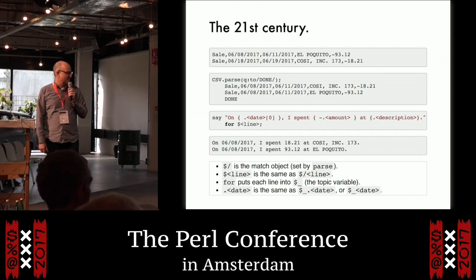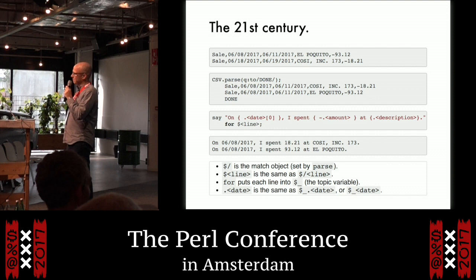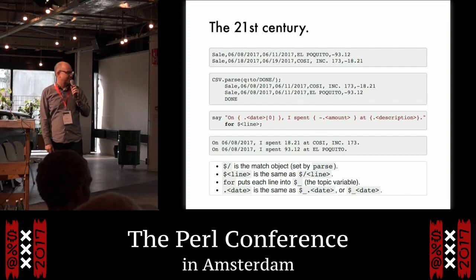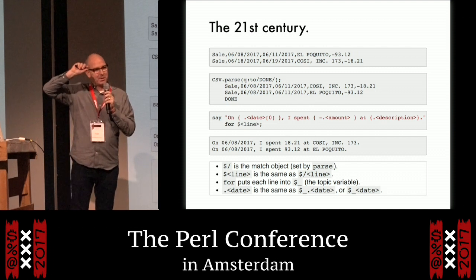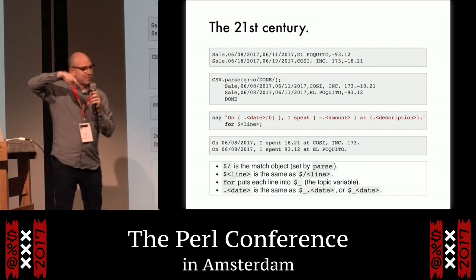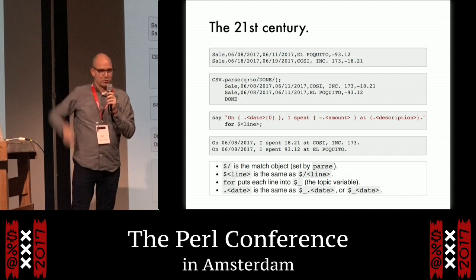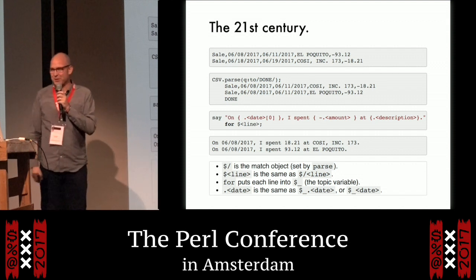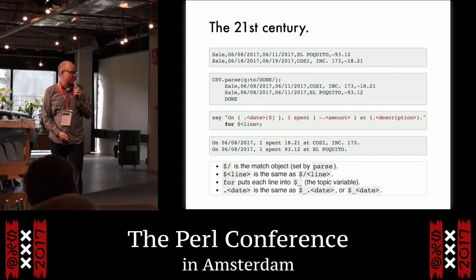And then for each one, we can say $<date> or $<amount>. And essentially, we're doing a hash lookup, but we're using the method call syntax. That's what the extra dot does. And we're doing it on $_. So it's sort of a lot of words to explain it, but when you look at it, it's actually pretty readable.